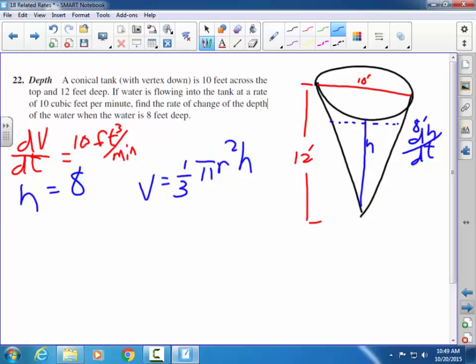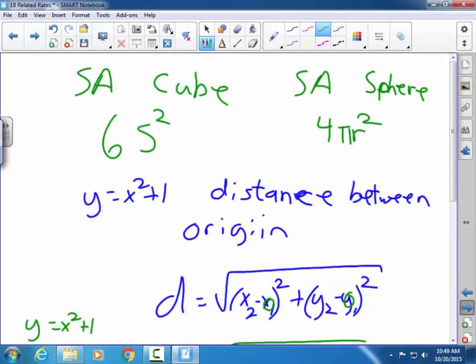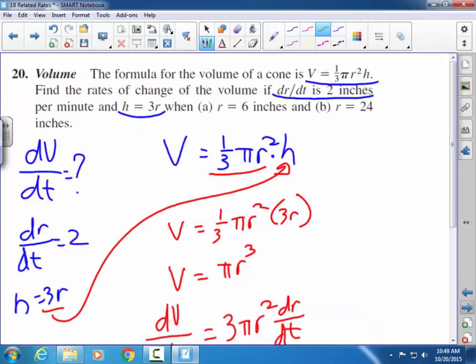We've got the r's and we've got the h's in there. Okay? Excellent, excellent, excellent. We've got to find a relationship. In the last problem, we were nice to you and we told you that h equals 3r. That's not the case over here. Can we come up with a relationship between these?